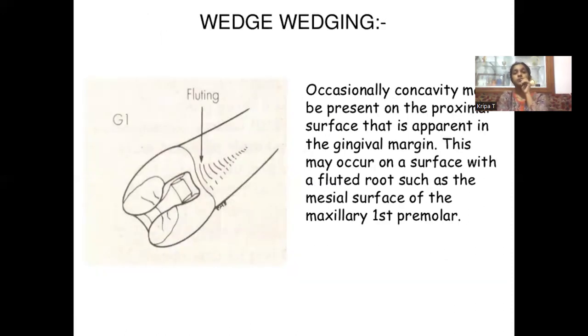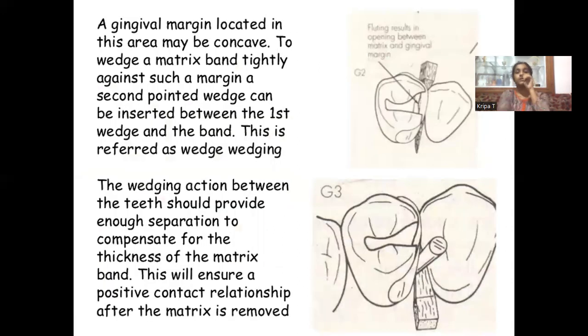Wedge wedging. Occasionally, a concavity may be present on the proximal aspect in the gingival margin, especially on surfaces with a fluted root, like the mesial aspect of the maxillary first premolar. In such a case, you use a specialized technique. The gingival margin located here will be concave.